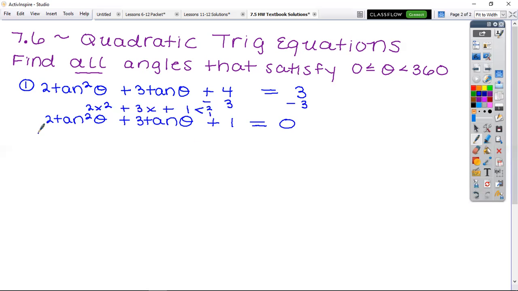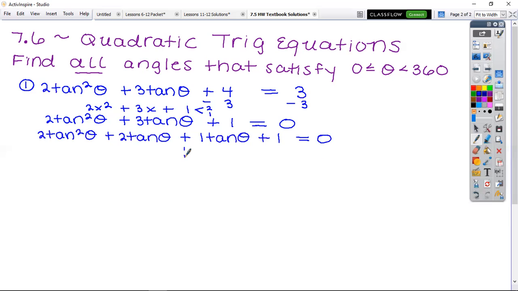So I'm going to write this as 2 tan squared theta plus 2 tan theta plus 1 tan theta, or just tan theta, and plus 1 equals 0. If you can't make that jump, you are more than welcome to work with this trinomial, put the x's in, and then replace it with tangent. Again, until you get comfortable with those, whatever works.